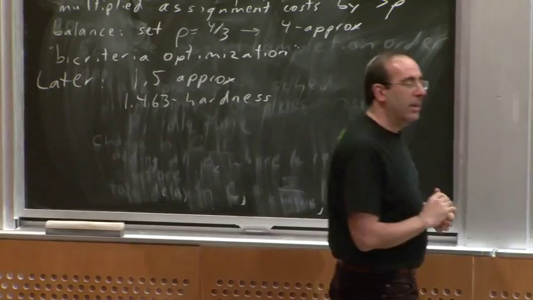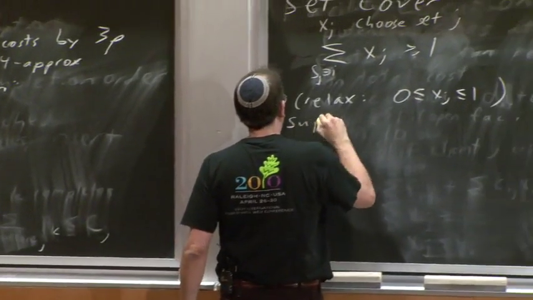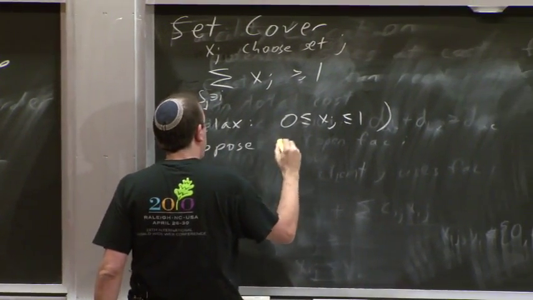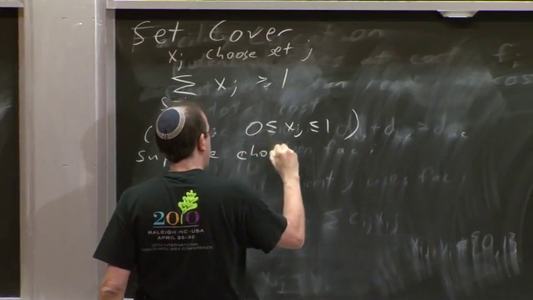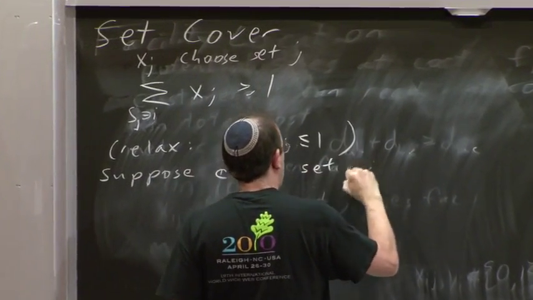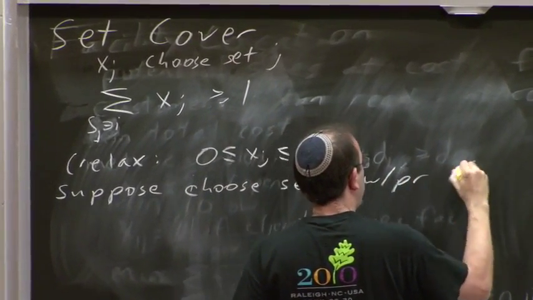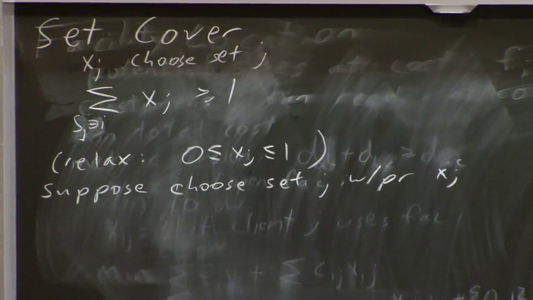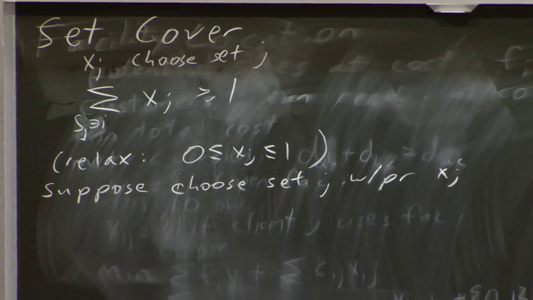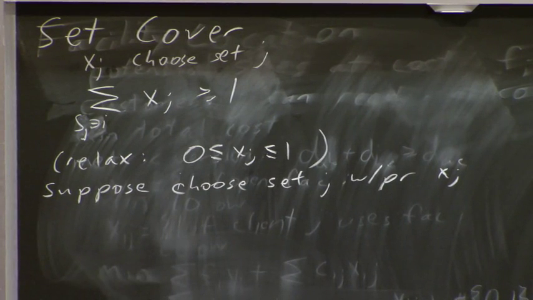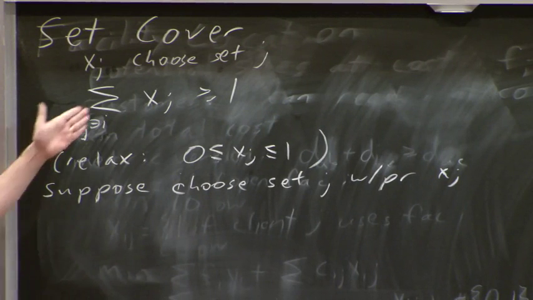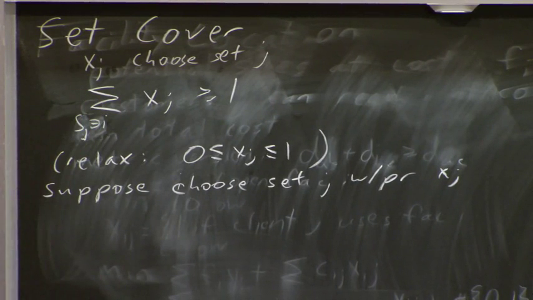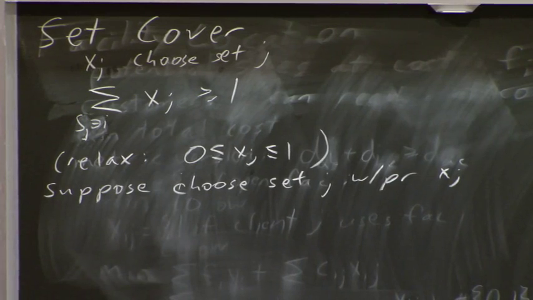But suppose that we choose set j with probability xj. So we flip coins for each set. We take that set with probability xj. Now, in expectation, the amount that covers element I is 1.